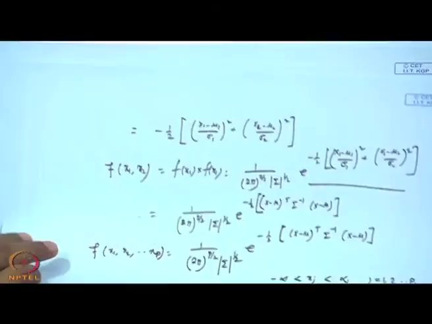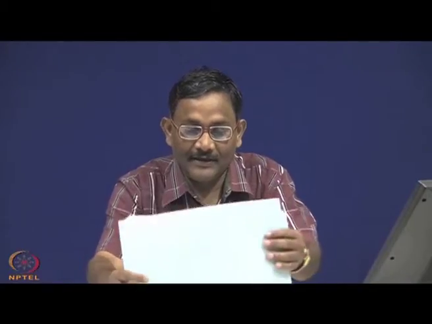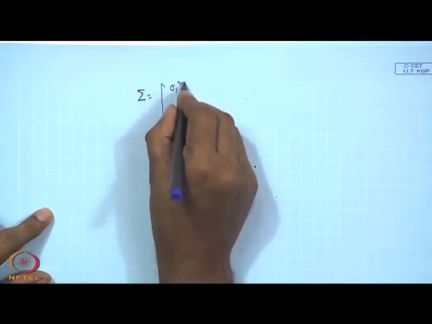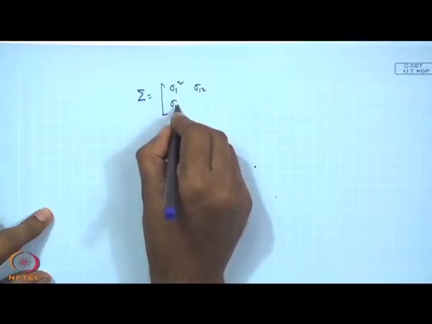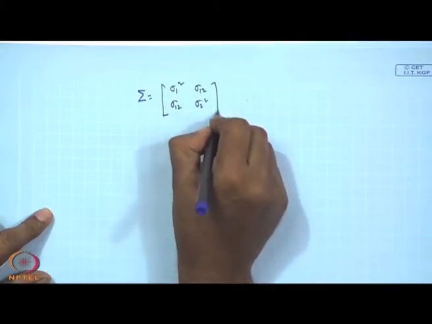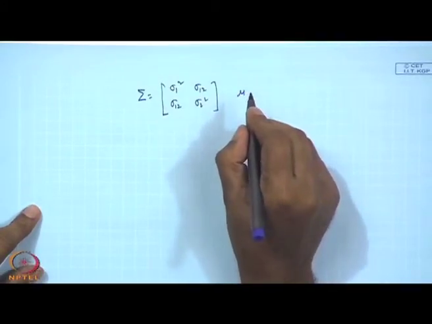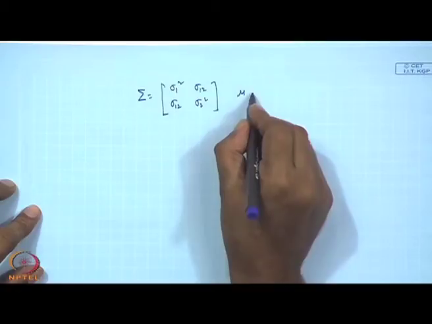Now, what will be the bivariate normal density function when your covariance matrix is like this: sigma 1 square, sigma 12, sigma 12, sigma 2 square? That means there is covariance.